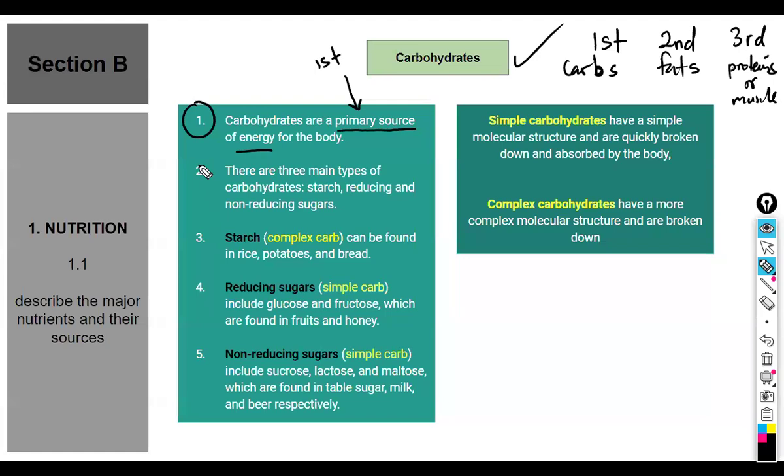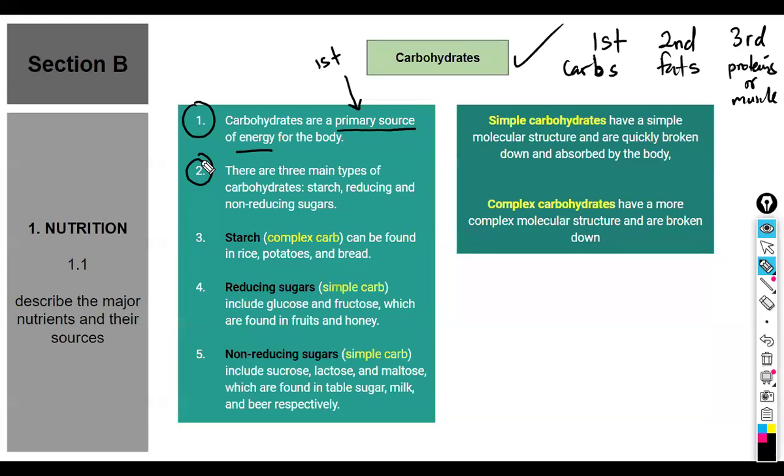Now, there are three main types of carbohydrates, right? A lot of people think carbohydrates is just carbohydrates, but there are different types of carbohydrates, and certain ones are more healthy than other types depending on your situation. Now, I'm going to throw some fancy words for you here, right?